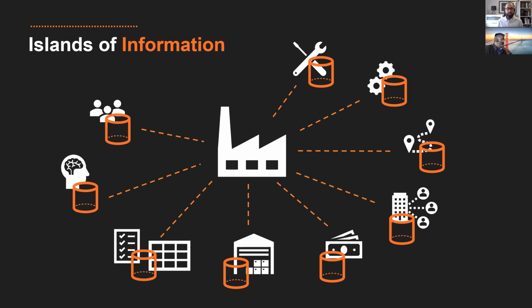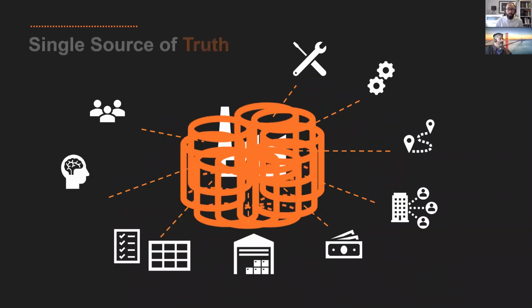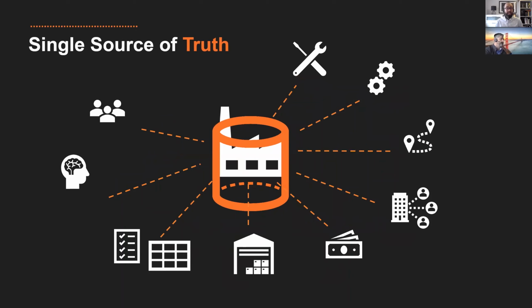And in order to bring this all together, as this example would show, would be quite timely to put together, and the quality of that data might be a bit uncertain because of the disconnected nature of these data sets. So what we need to do to mitigate or overcome this is come up with a single source of truth.